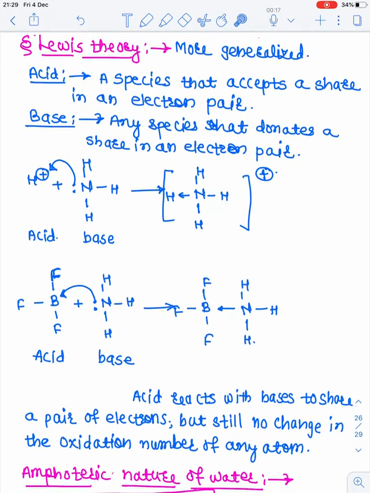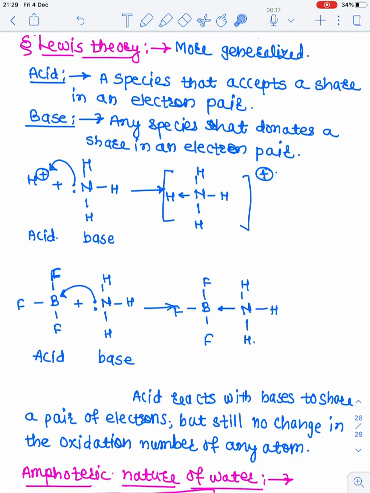Now this Lewis theory is a more generalized theory and it is based on the electron transfer concept. Therefore it is a more generalized theory, right? According to the Lewis theory, a species that accepts a share in an electron pair is an acid.